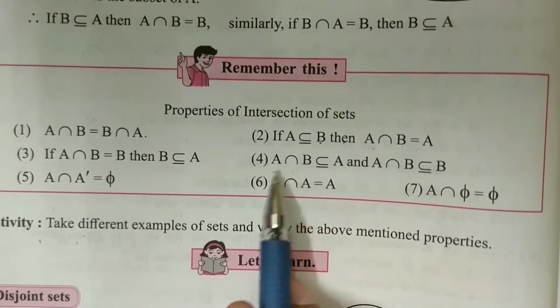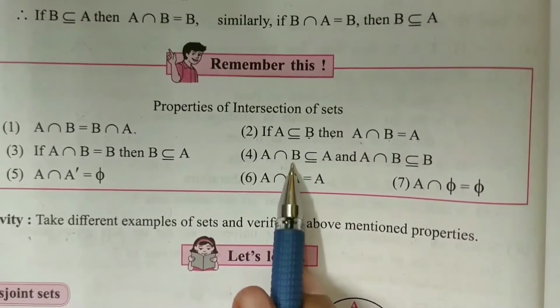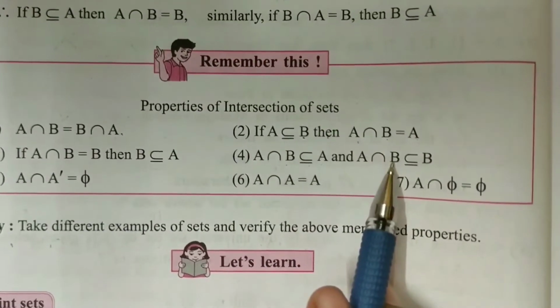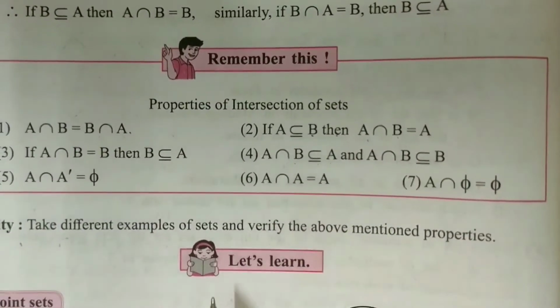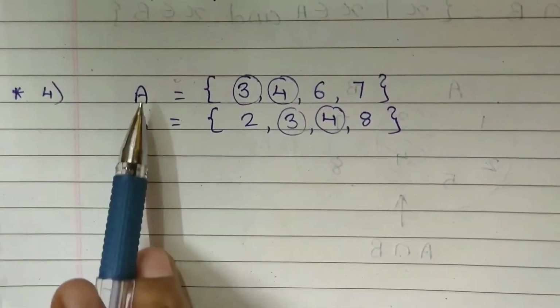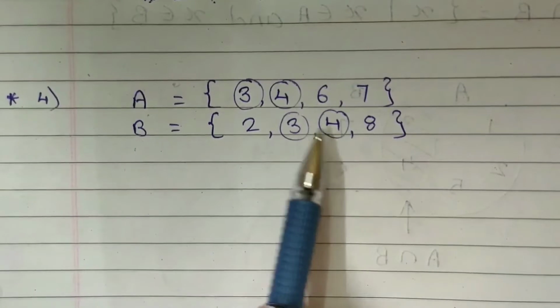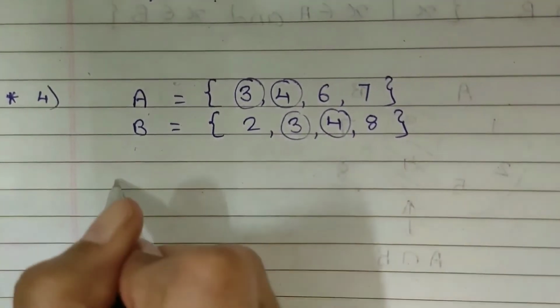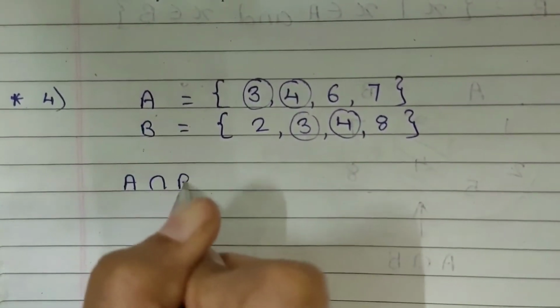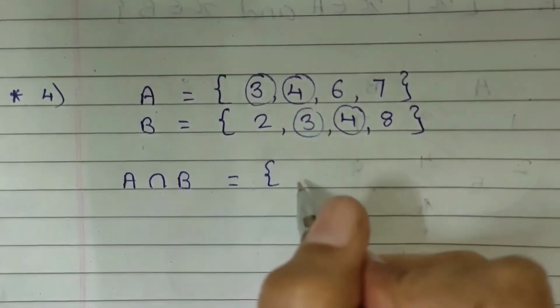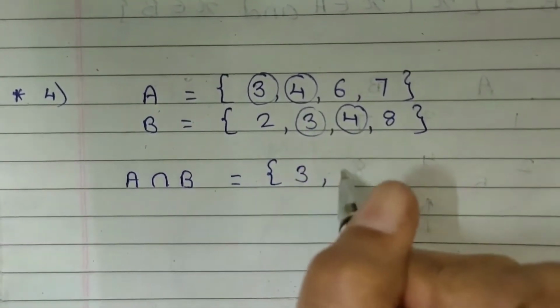Let's see the next one, fourth one. A intersection B is subset of A and A intersection B is subset of B. Suppose we have set A and B who have the common element 3 and 4 in both the set. So answer for A intersection B is the set of common element of both the set, that is 3, 4.